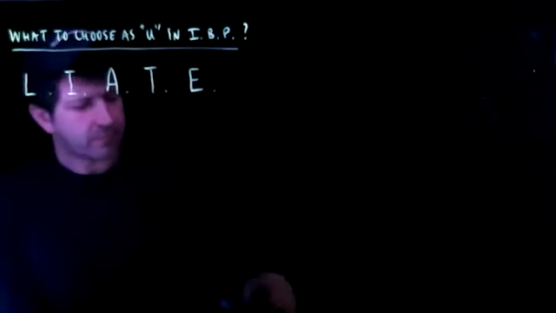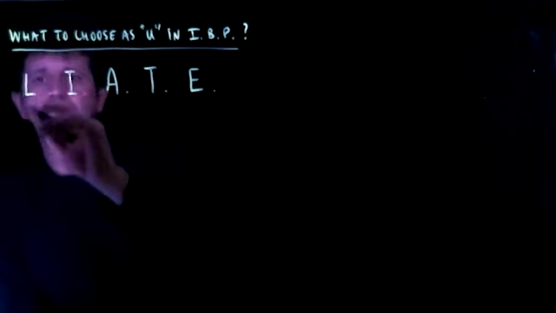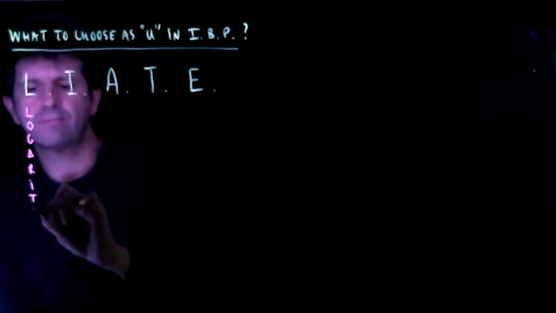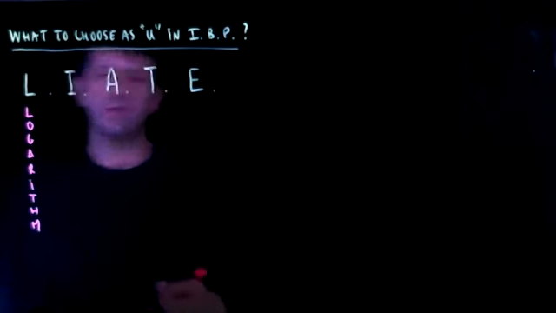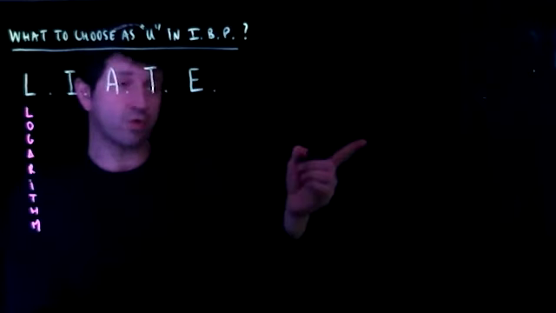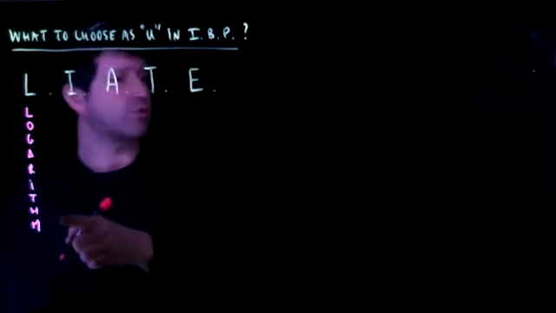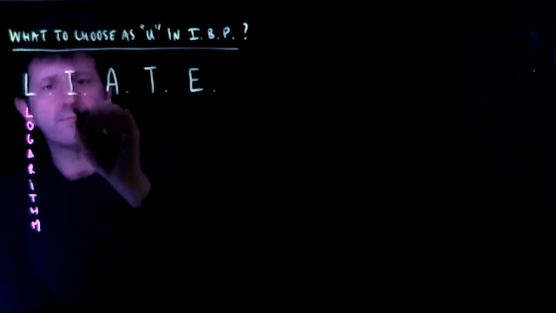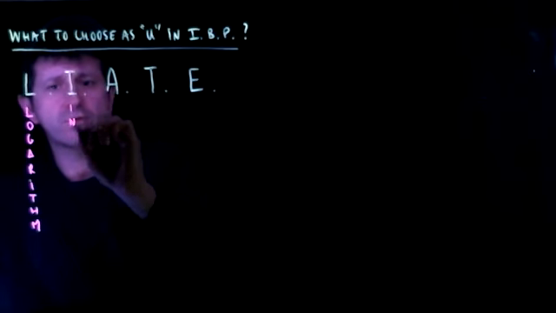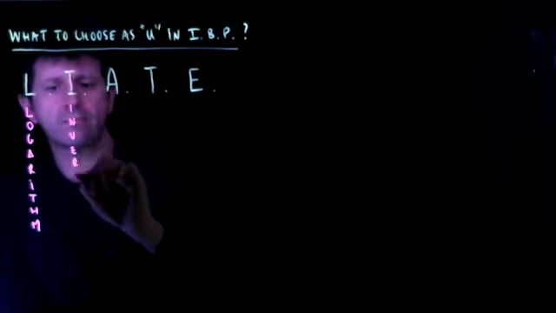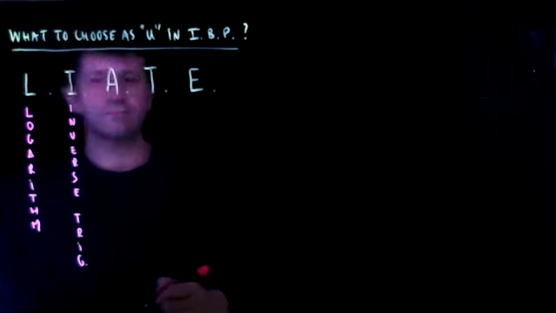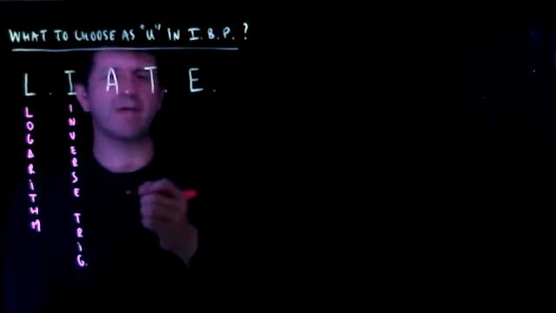First, the L is if you have a log, a logarithm. That's your priority. If you have a log, like we just had before, that's what I chose as u. I had x ln x, and we chose ln x. Then, second, inverse trig. Let's say I have an arcsine, an arctan, or whatever.